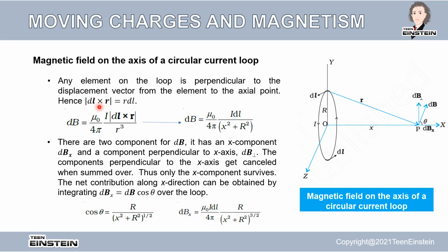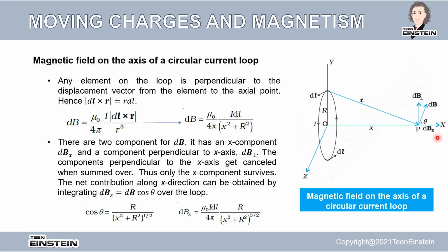So we can replace dl cross r with r dl. So dB equals mu 0 by 4 pi I r dl divided by r cubed, and r cancels out, giving r squared, which from the Pythagoras theorem is x squared plus R squared. Finally we get mu 0 by 4 pi I dl divided by x squared plus R squared.